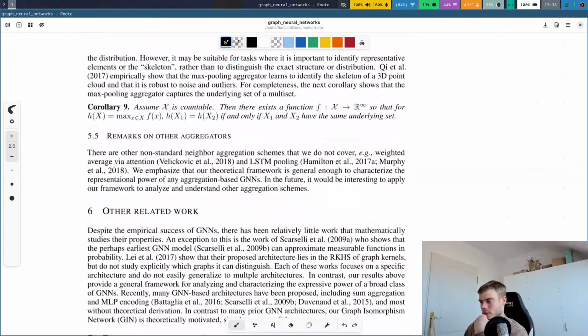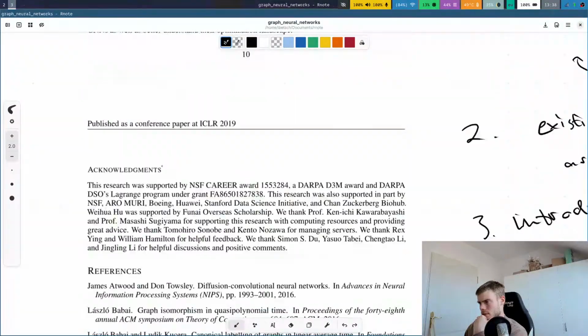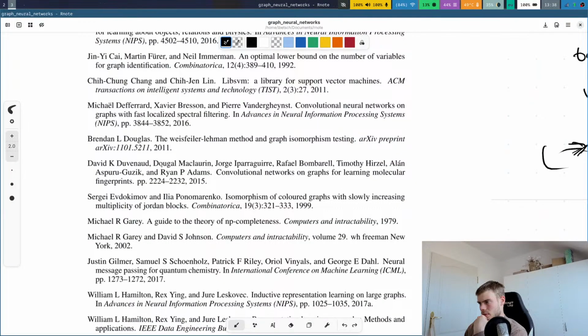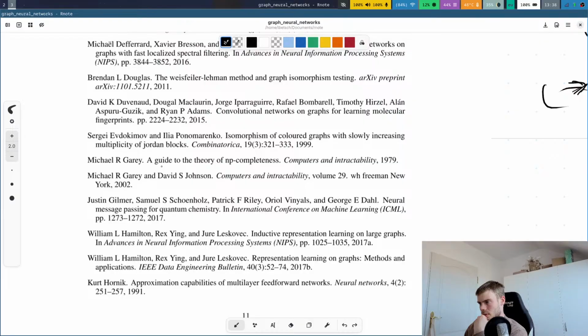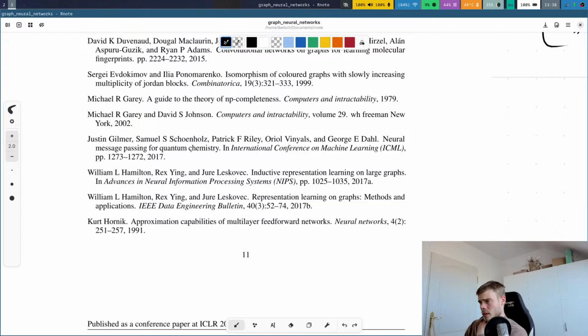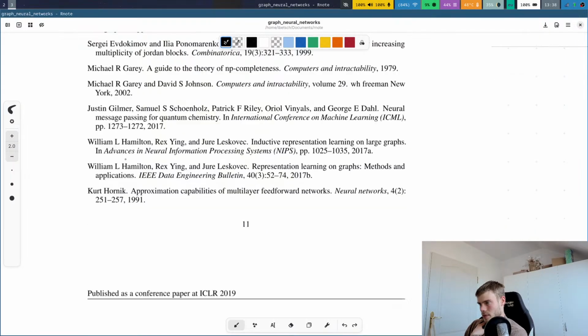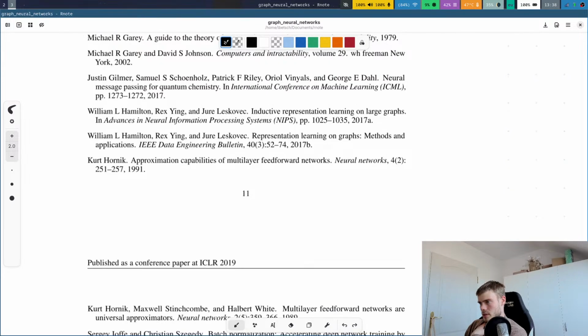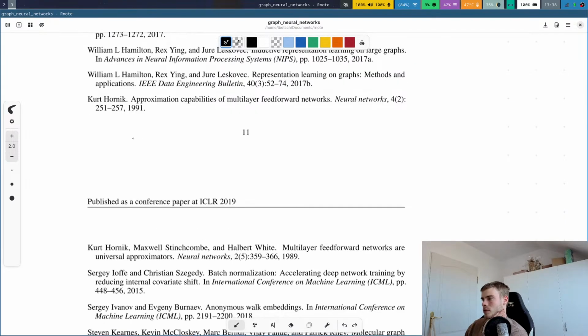Oh no, I was trying to read through the paper, through the references. Okay, then we have the paper we read yesterday, Neural Message Passing for Quantum Chemistry, at ICML. Inductive Representation Learning on Large Graphs. Representation Learning on Graphs: Methods and Applications. Approximation Capabilities of Multilayer Feedforward Networks.